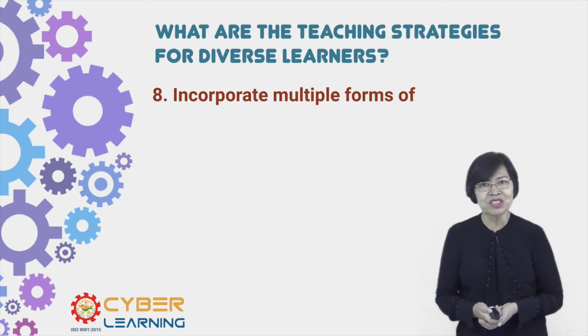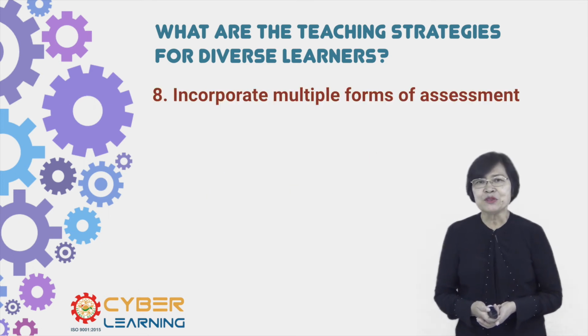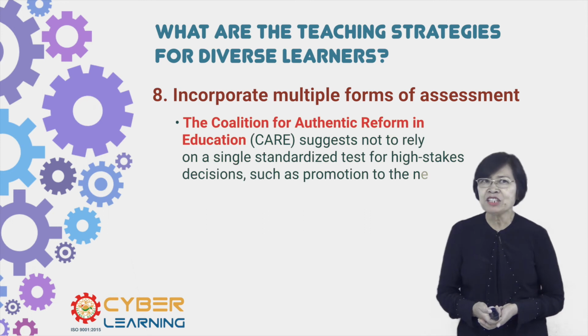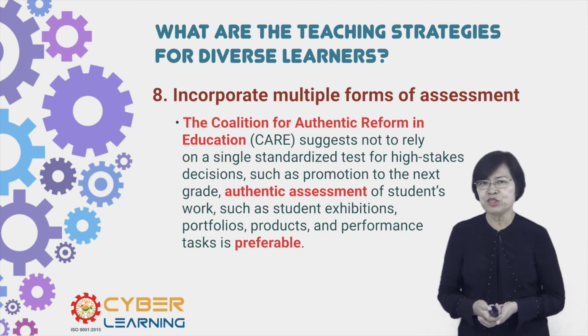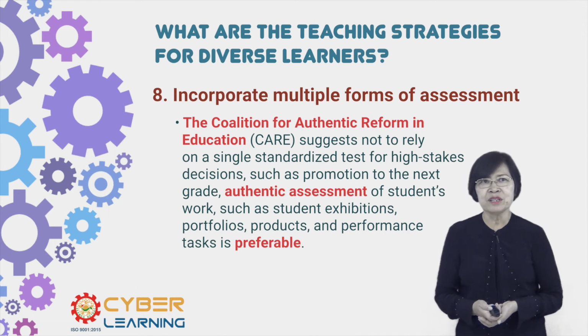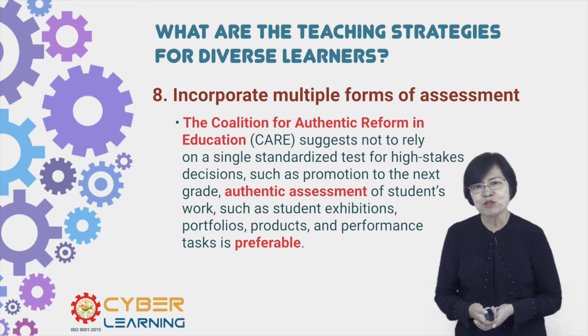And strategy 8, incorporate multiple forms of assessment. The Coalition for Authentic Reform in Education suggests not to rely on a single standardized test for high-stakes decisions, such as promotion to the next grade.